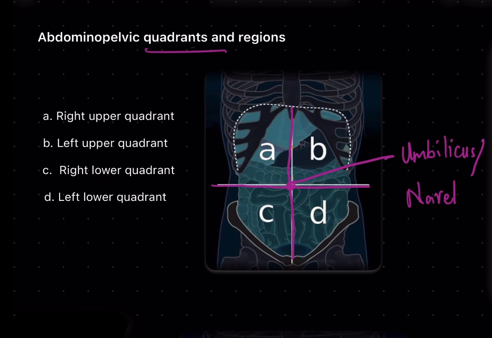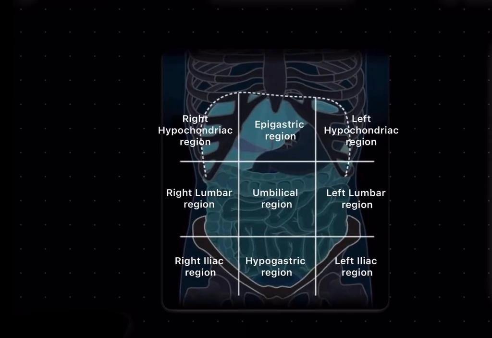So a vertical line and a horizontal line. This approach is called the quadrant approach. How do we name these 4 quadrants? Right here we have the right upper quadrant and the left upper quadrant. The lower quadrants are called the right lower quadrant and the left lower quadrant. So this is the quadrant approach.